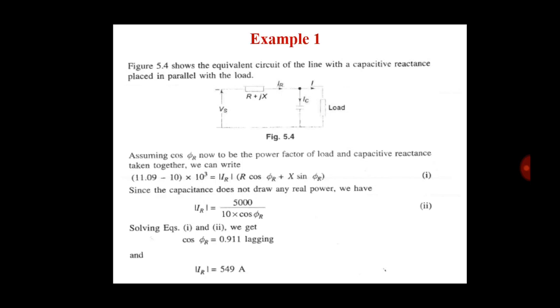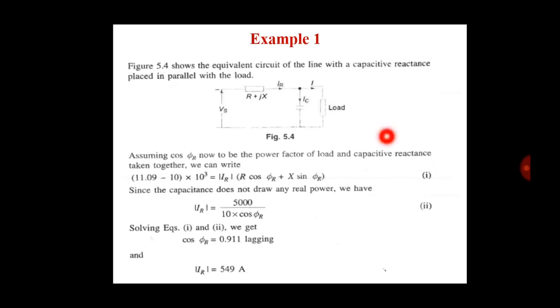Since the capacitance does not draw any real power, we have IR cos phi r equal to 5000 divided by 10 cos phi r.